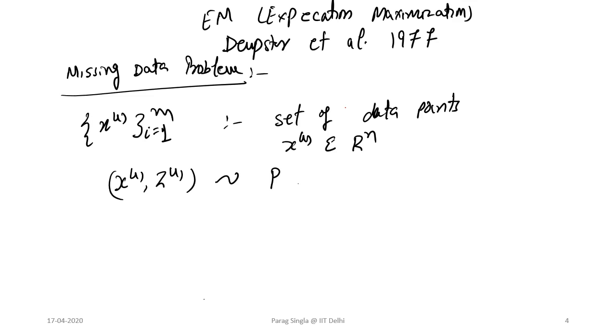The data is generated from some underlying distribution p theta, parameterized by these theta parameters. So this xi, zi is being drawn from this underlying distribution, parameterized by theta, where these zi's are unknown to us.